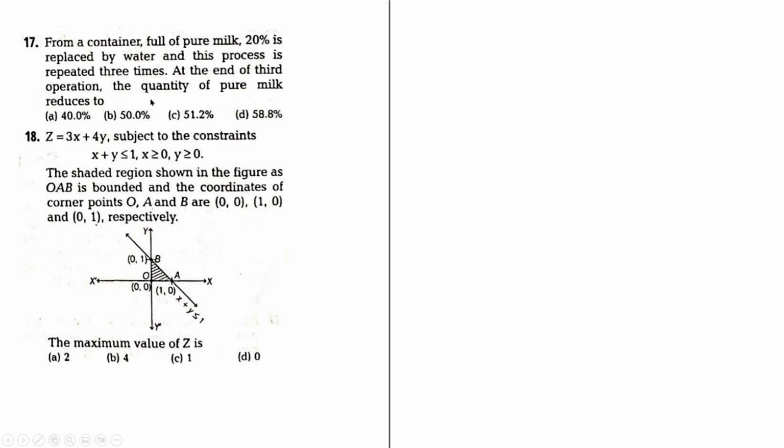We have to find the percentage of quantity of pure milk. So here we know that quantity of milk left is given by the initial quantity x into 1 minus y by x the whole raised to n. That is the number of times.